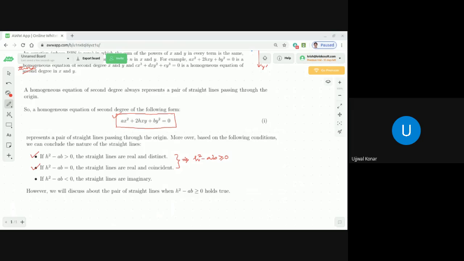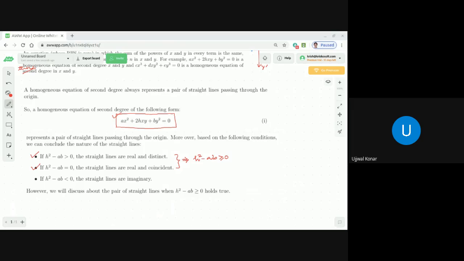If m1 and m2 are the slopes of the pair of straight lines represented by equation 1, which is the homogeneous equation of second degree in x and y, then the equations of the straight lines must be of the form y equal to m1x and y equal to m2x. Correct?